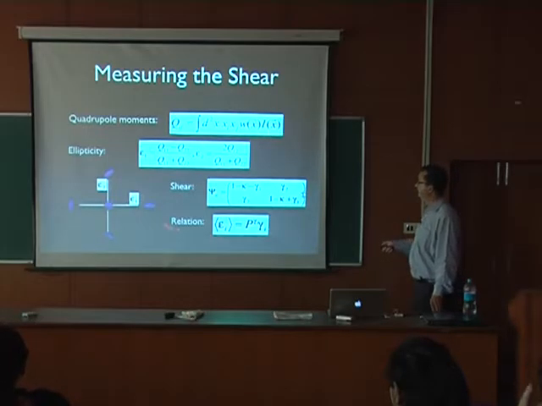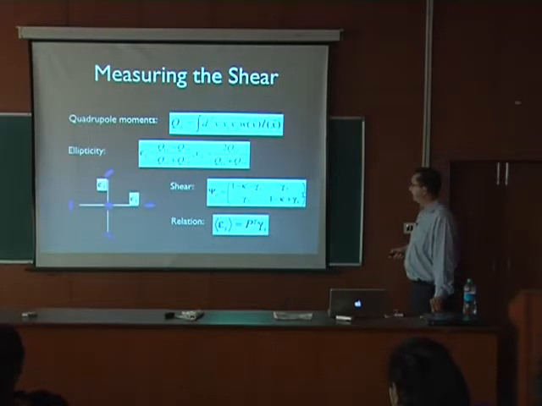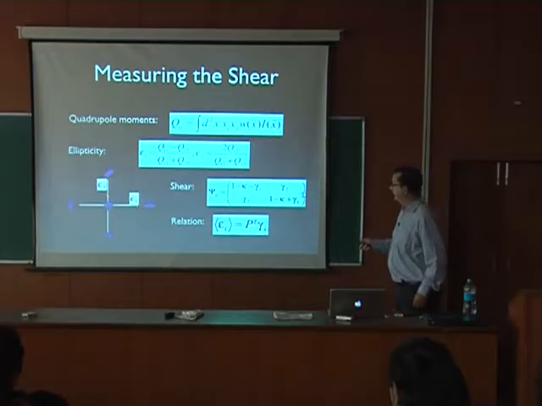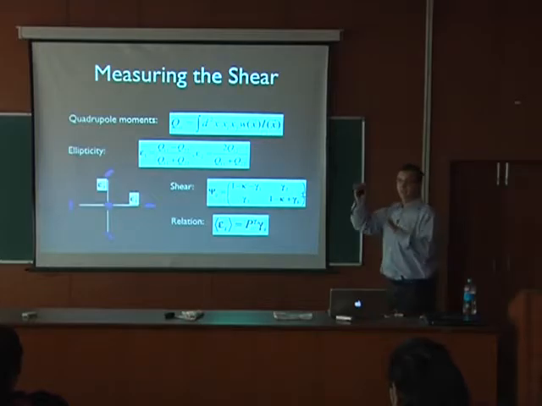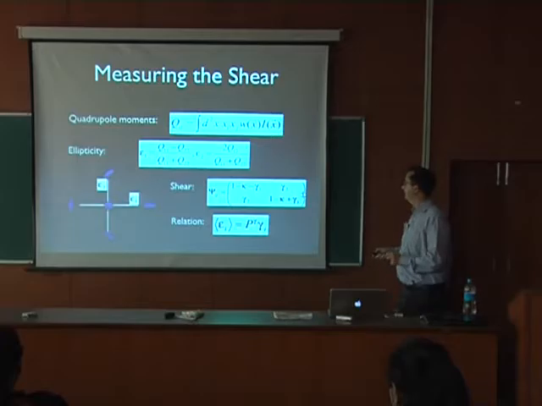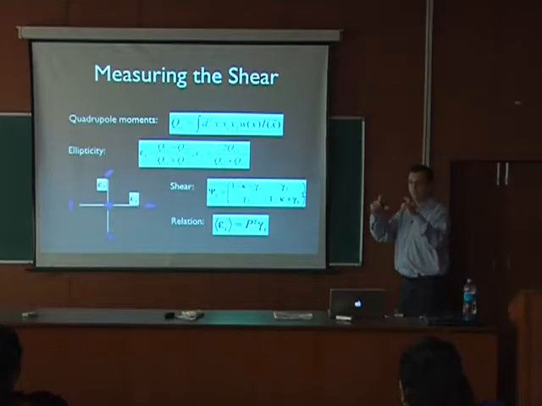And then the question is, what's the relationship we get with the shear? And one can show, and that's the crucial step, that there's a relationship between the ellipticity and the shear. So let's suppose we start with galaxies that are randomly oriented, okay? And then we apply the same shear to all of them, just for the moment thinking about averaging over a pixel.